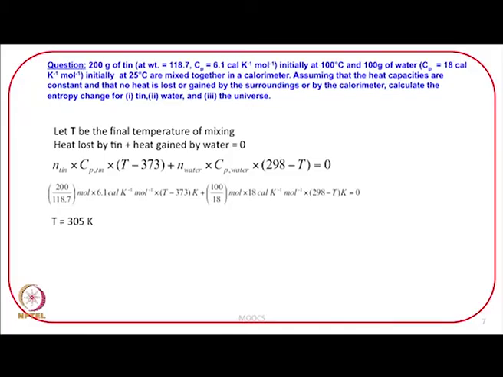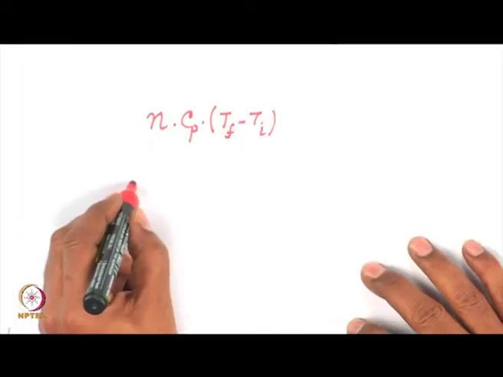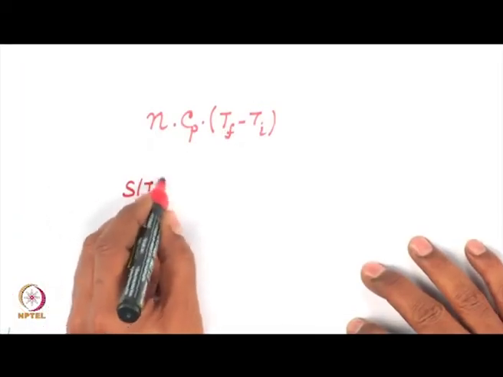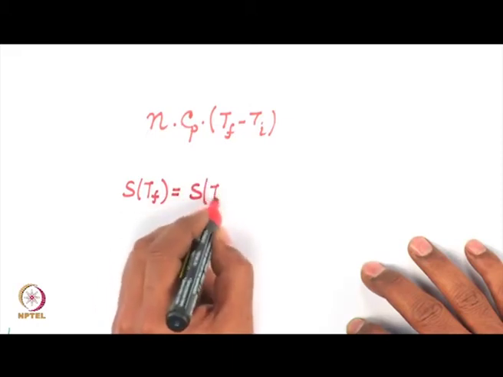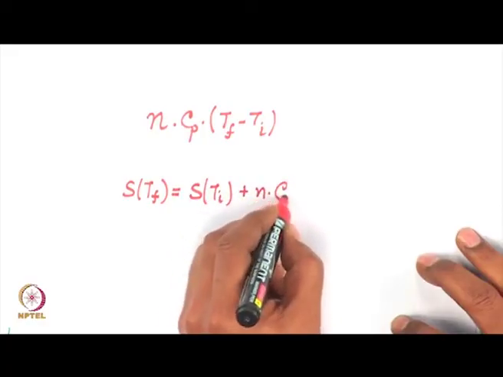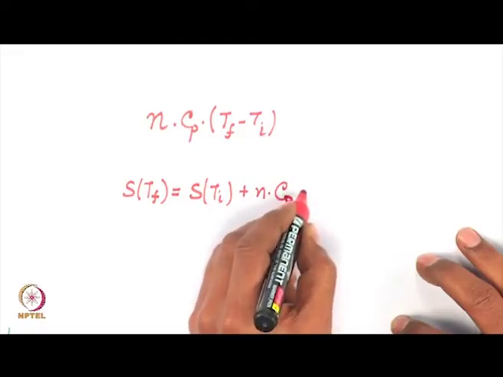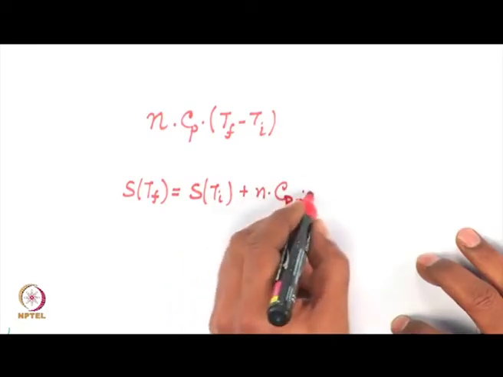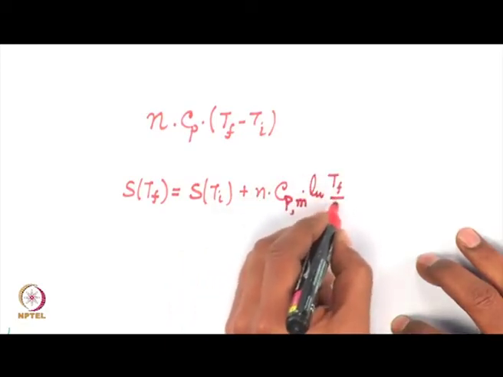Once I know the final temperature and the initial temperature, I use the equation that we just derived, that delta S is equal to N times CPM times log Tf by Ti. This is from S Tf is equal to S Ti plus N times CPM into log Tf by Ti.